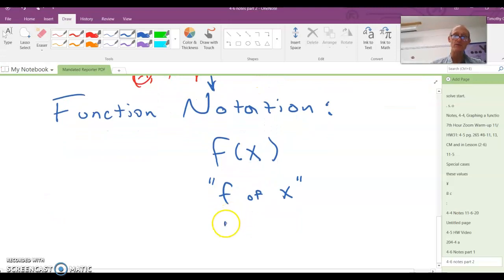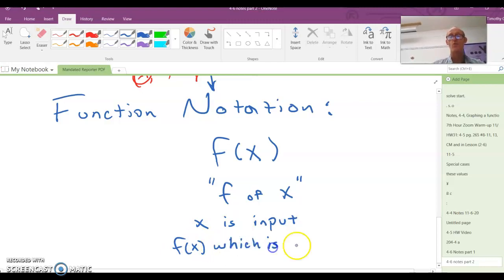X is the input. F of x, which is really y, is the output. Now remember, your inputs are the range.